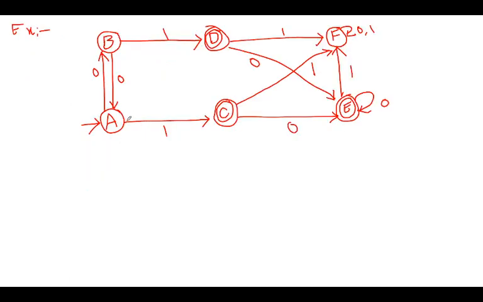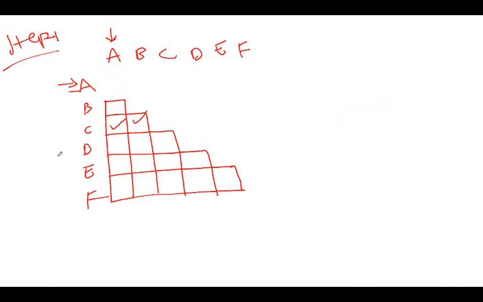A is a non-final state, D is a final state. Any pair must have one final state and one non-final state; such pairs we have to mark. That's the main condition, friends. AD we mark, and also AB.